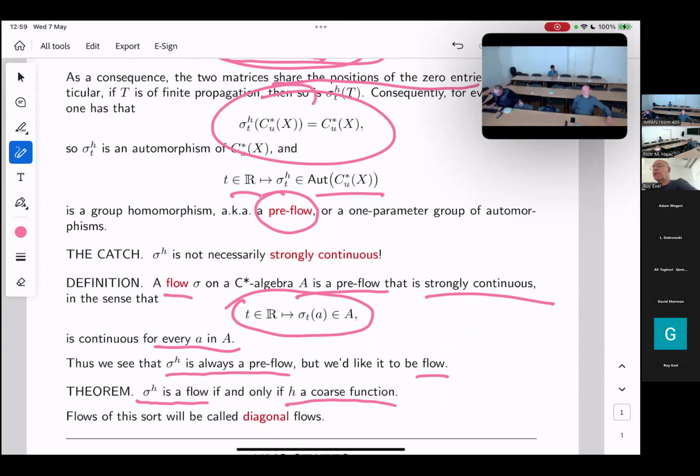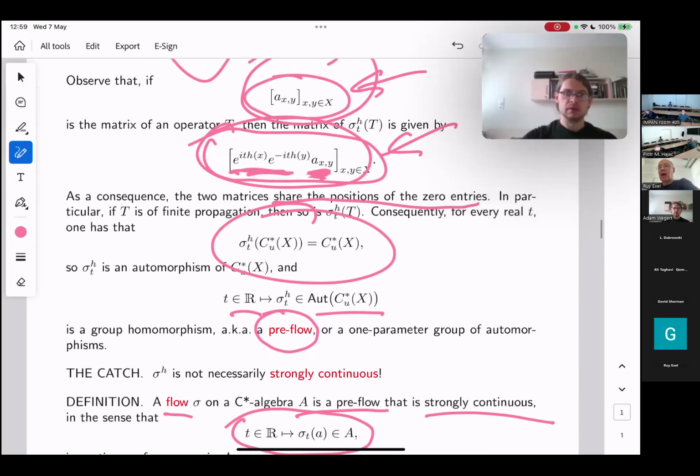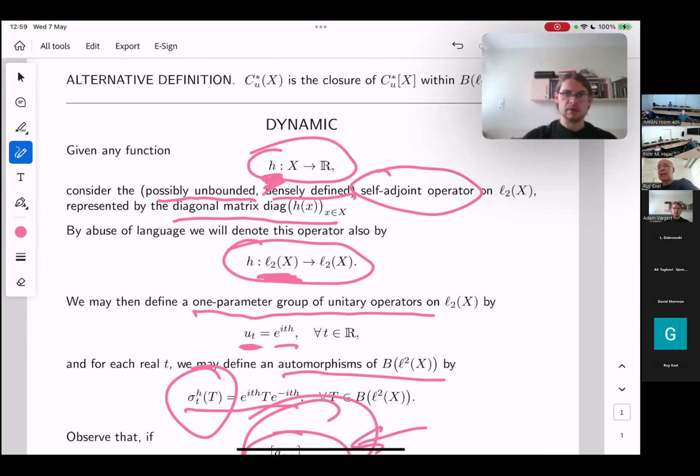Remember the definition of a coarse function: the supremum of the distance of f of x to f of y is finite if x and y have a bounded distance. So you're using the standard metric on the real line, yes? Euclidean metric, yes, exactly. The coarse functions are functions between metric spaces. So h up here is a function from X to R, and I'm seeing X and R as being metric spaces. So this is coarse.